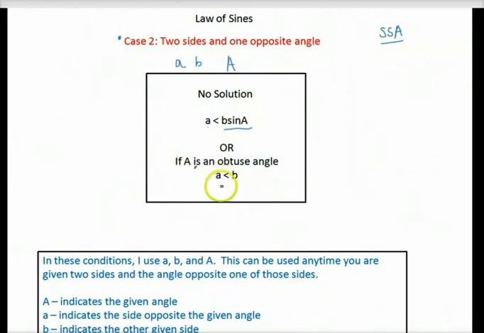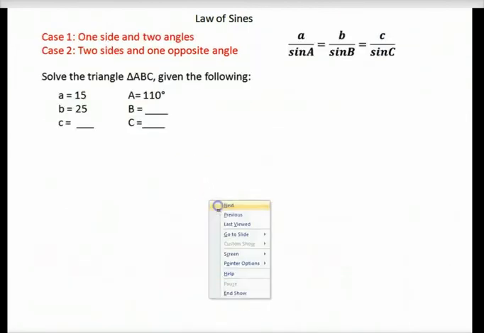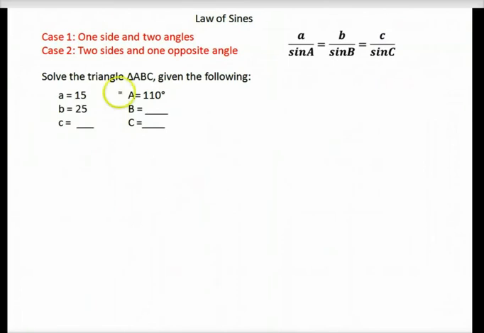That's because, remember, in geometry we learned the biggest side is opposite the biggest angle. So if A is obtuse, it should be across from the biggest side. If you have an obtuse angle and the side opposite is not the biggest, you know there's no solution. Alright, so we notice here we're given two sides and an angle.